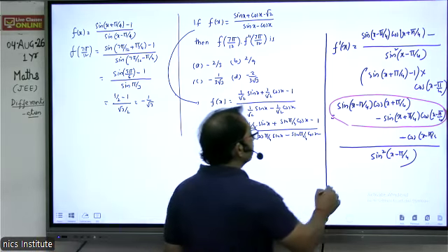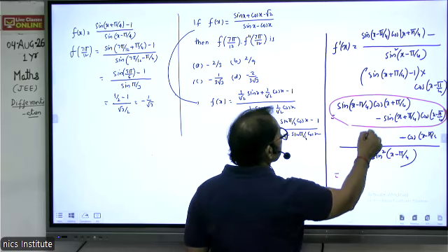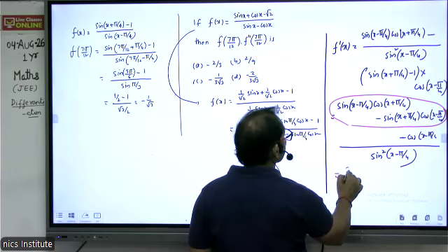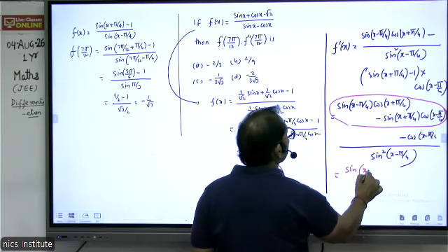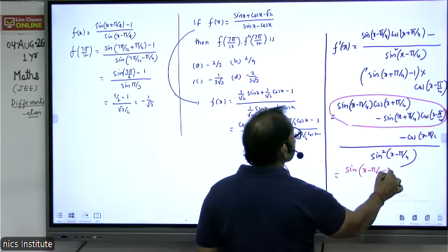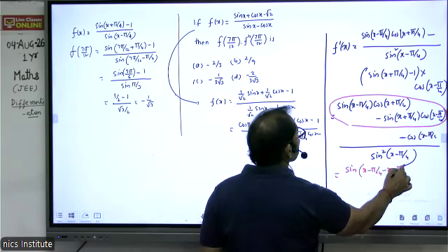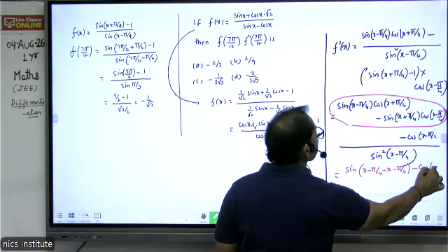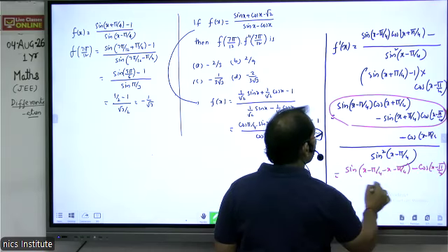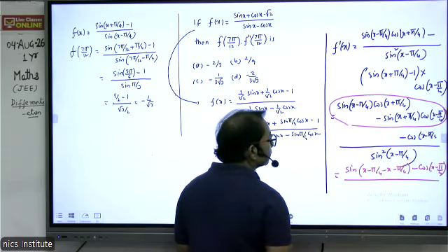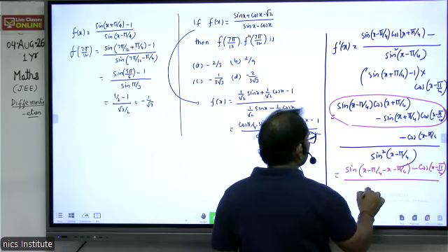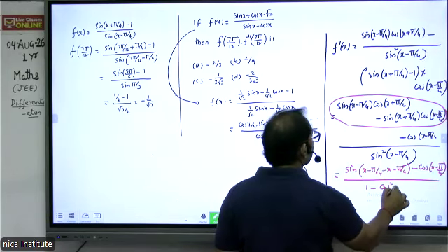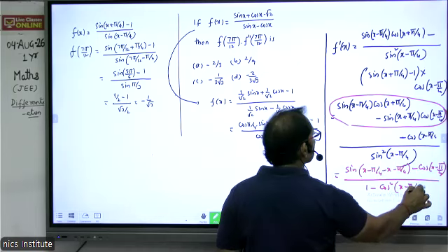इसमें आइडेंटिटी लग रही है ना, साइन a - b, a is this, b is this, minus cos x minus π/4, and this I can write as 1 minus cos square x minus π/4.